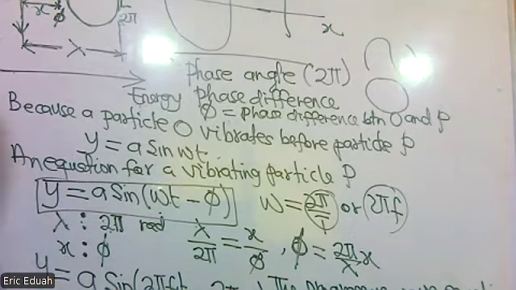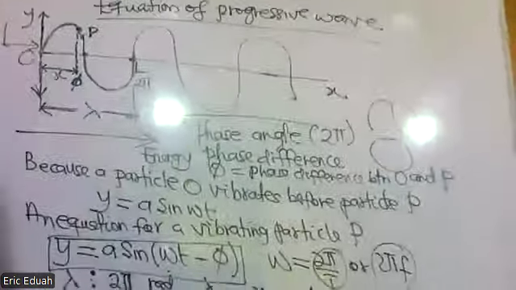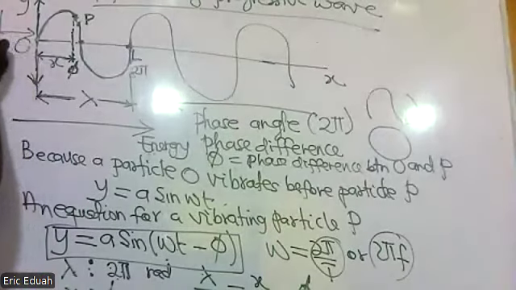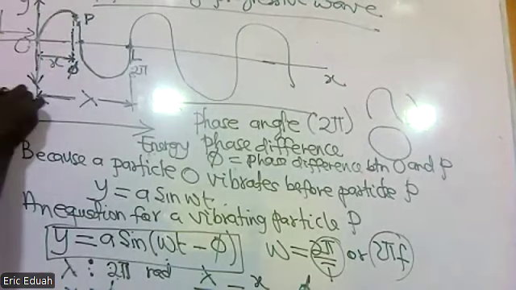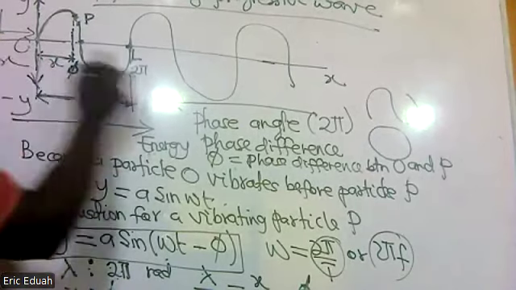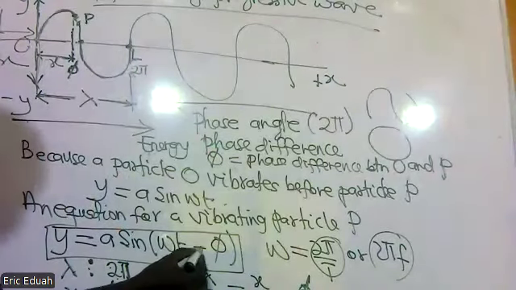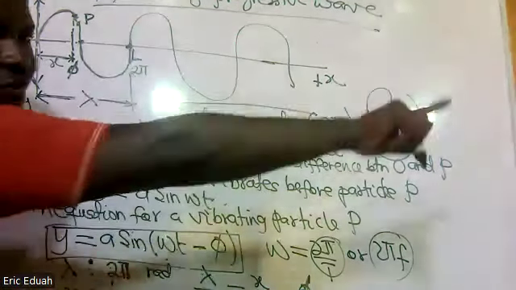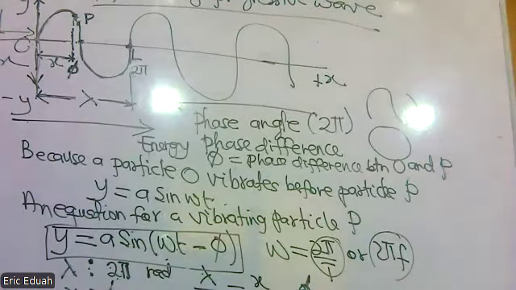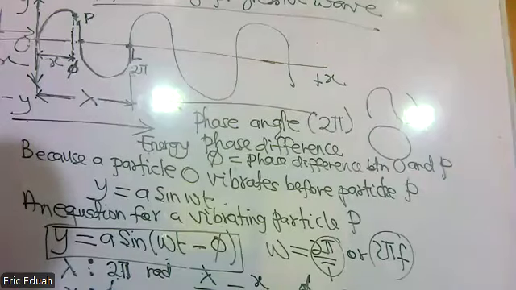Let me clarify that too. This is the whole wave. This is positive y, minus y. This is negative x, positive x. So if you see a minus here, then the wave is moving towards the positive x axis, or the wave is from left to right.